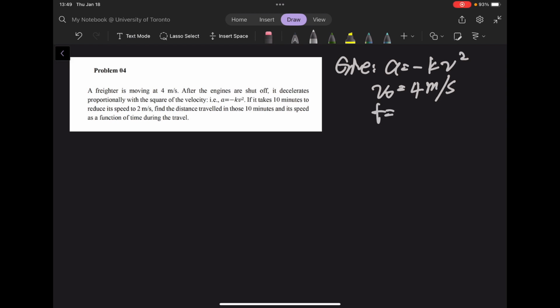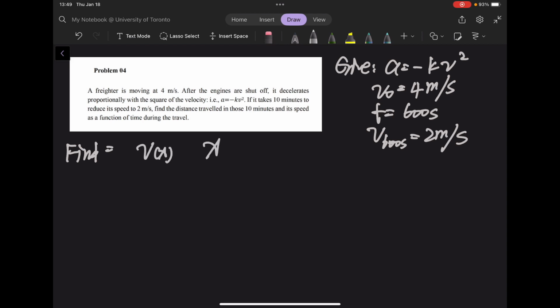So t is equal to 600 seconds, and v at 600 seconds is equal to 2 meters per second. What we need to find is the general form of v, and also the distance after 600 seconds.